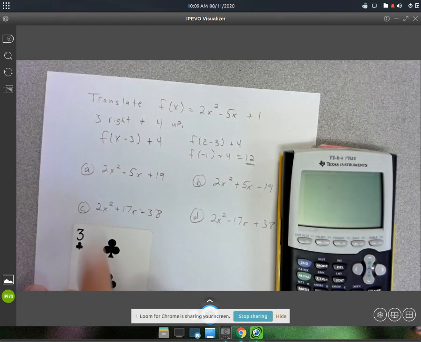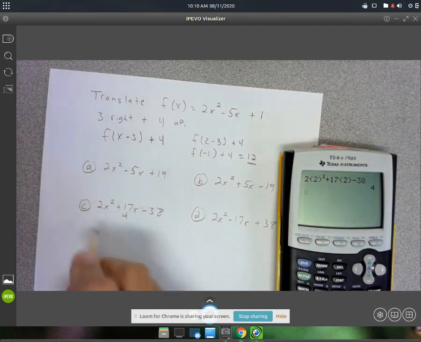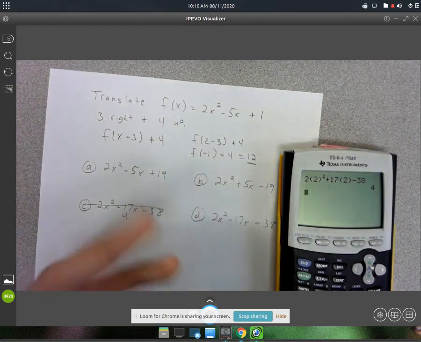So I've got 2 parentheses, plugging in 2 for x squared plus 17 times 2 minus 38. Bam. And that gives us 4. All right, this gives us 4, so C is out because we wanted 12. All right, let's choose another one here.